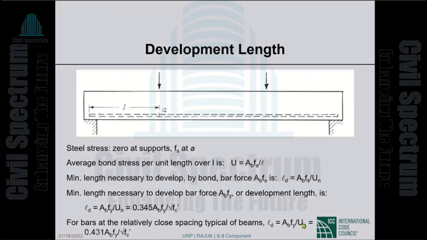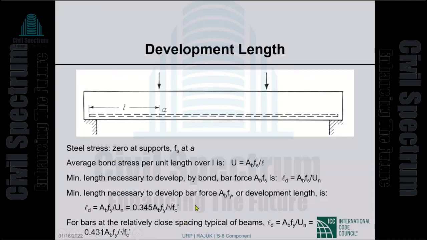Remember, if we have closely spaced bars, this U sub N is 80% of 2.9 square root of F sub C prime. So the required development length goes up by 1 divided by 0.8. And that is that number. If you divide 0.345 by 0.8, you get 0.431.